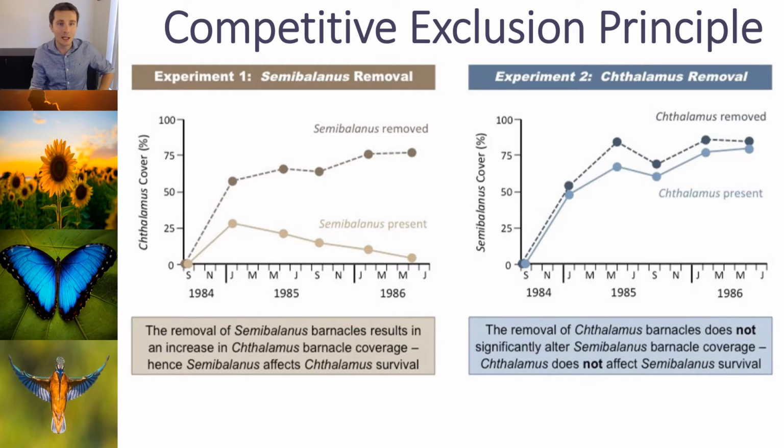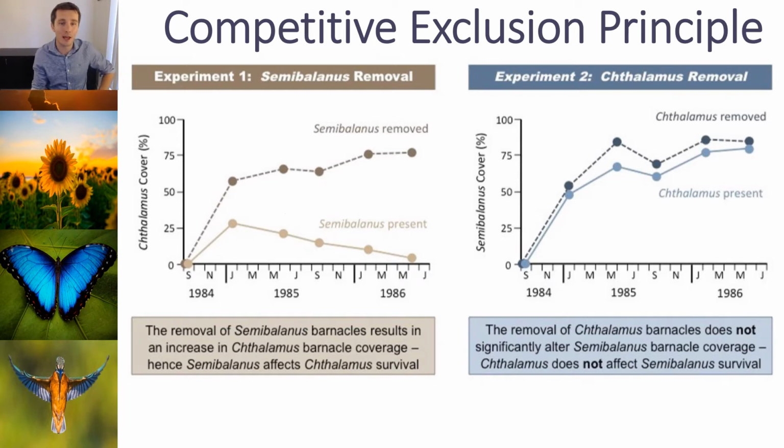So you get this experiment 1, okay, the Semibalanus removal, and this is the Semibalanus present. And this is looking at the Chthamalus cover of that particular barnacle. So the removal of the Semibalanus barnacles results in an increase in the Chthamalus barnacle coverage, hence the Semibalanus, I hate these names, affects the other barnacle's survival.